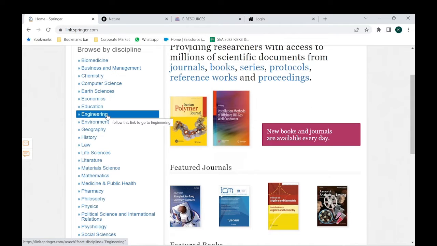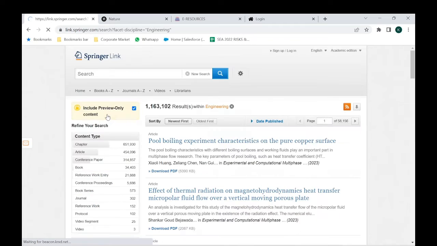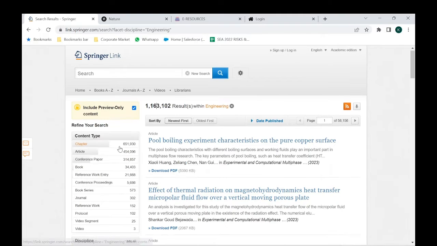So obviously, coming from UTHM, I presume many of you are interested in the areas of engineering. And engineering is a very strong subject area in Springerlink, whereby we publish, as you can see, easily over 1 million individual documents related to the term engineering, right?